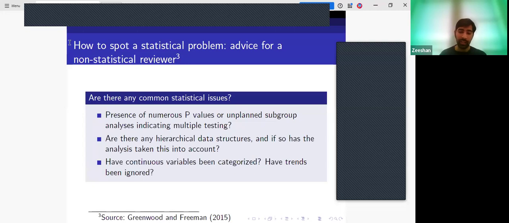You have to check the guidelines on the journal's web page and check whether they are allowing you to report the p-values or not. And if they are allowing you, whether you have included a lot of p-values, and if yes, why? If not, why have you not included those p-values?